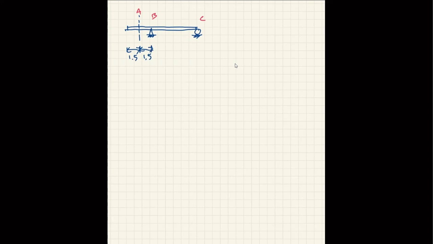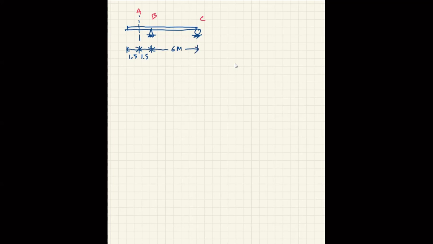I can write better. You know what? Hang on. I don't know why I have a tendency to turn towards the monitor, which I don't really have to, right? Okay. So this is 1.5 meters. This is 1.5 meters. This is going to be 6 meters.